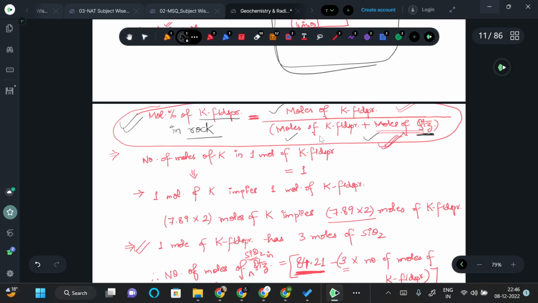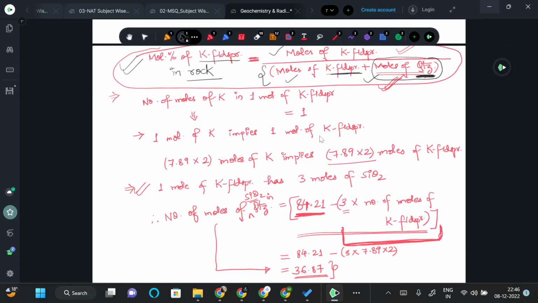This quartz is unconsumed quartz. Don't mistake it with the quartz that is included in K feldspar. This quartz is totally unconsumed quartz that is left behind. So that is forming the other part of the rock. So this denominator represents the complete rock. So this is how we get the mole percentage of K feldspar in the whole rock.